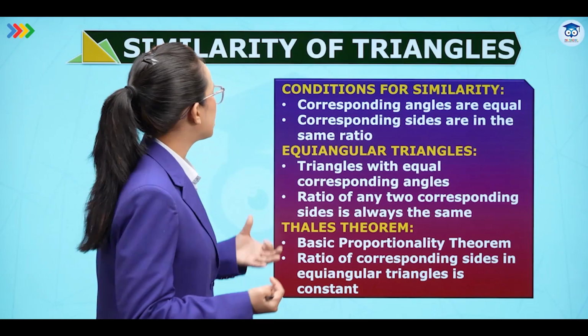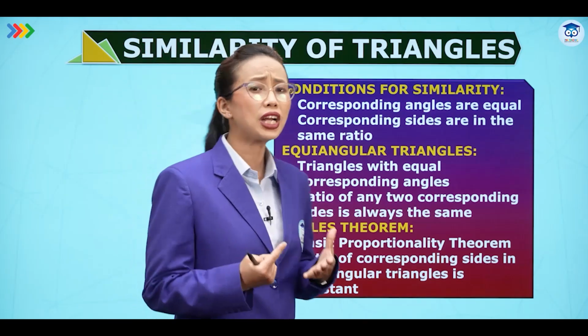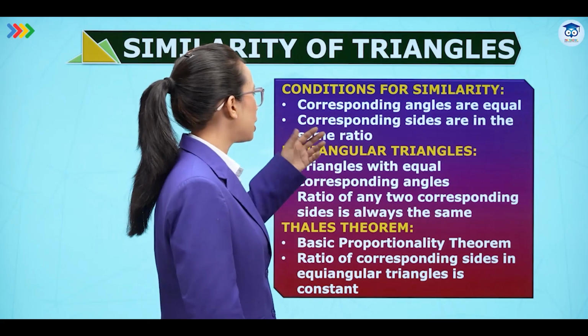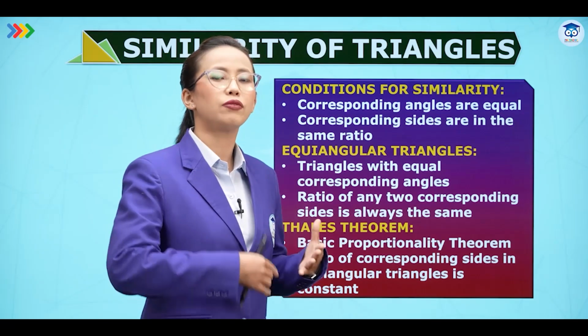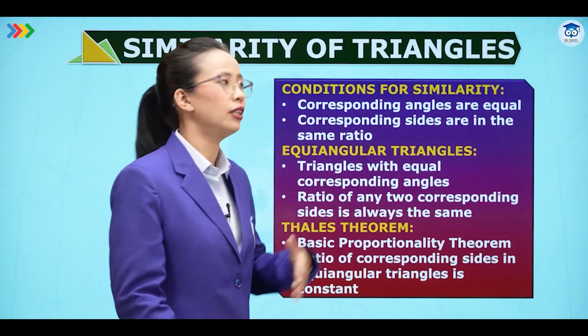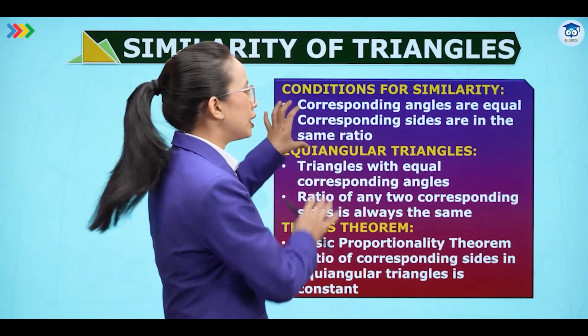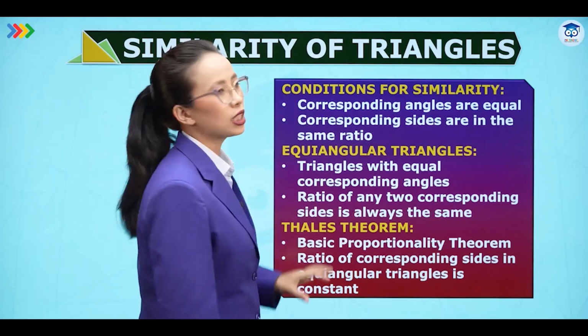We have the similarity of triangles. To say that two triangles are similar, we check whether the corresponding angles are equal; if two triangles are similar, then the corresponding angles are equal. If this condition is satisfied, then it's similar; if similar, then this condition is satisfied.